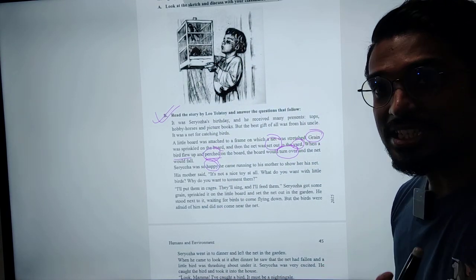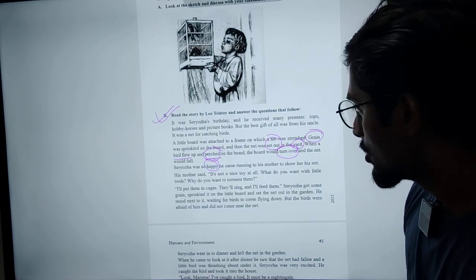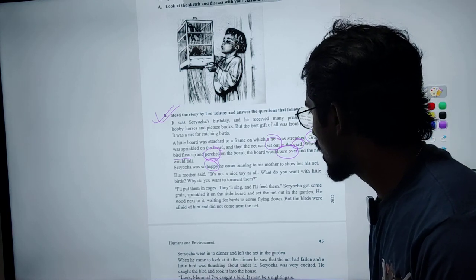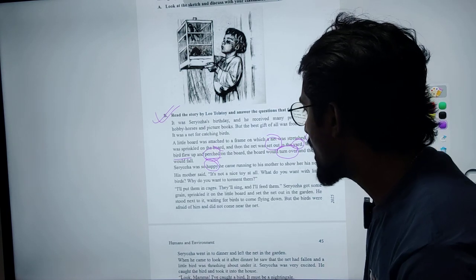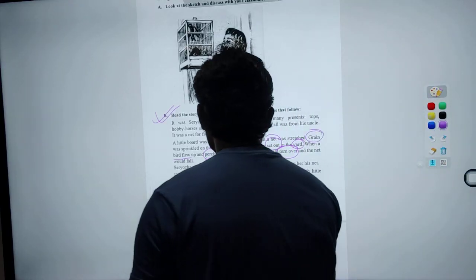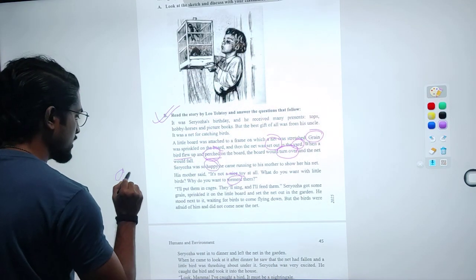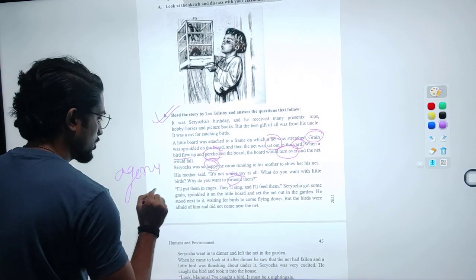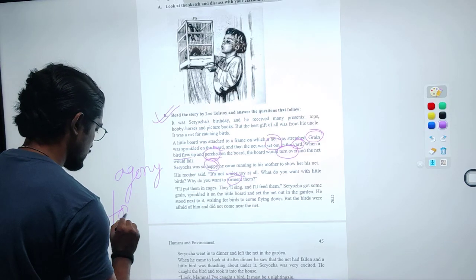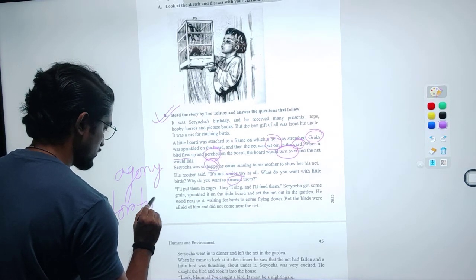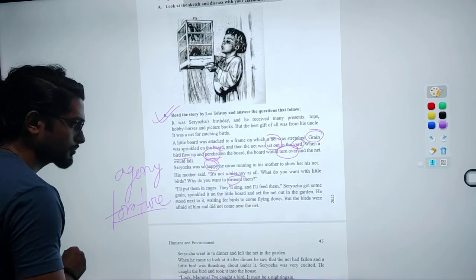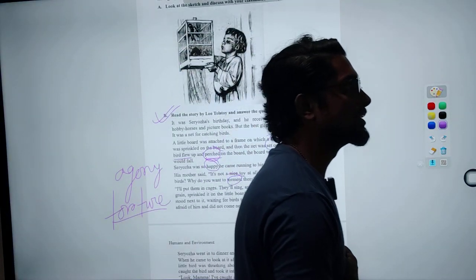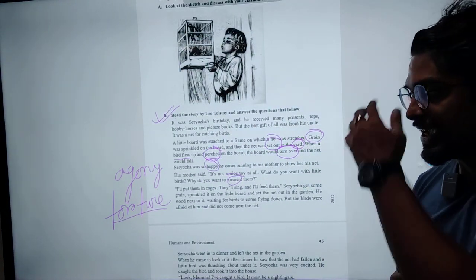So catching birds is not a nice toy. What do you want with little birds? Why do you want to torment them? Why do you want to torture them? Torment means torture. Why do you want to torture these birds?